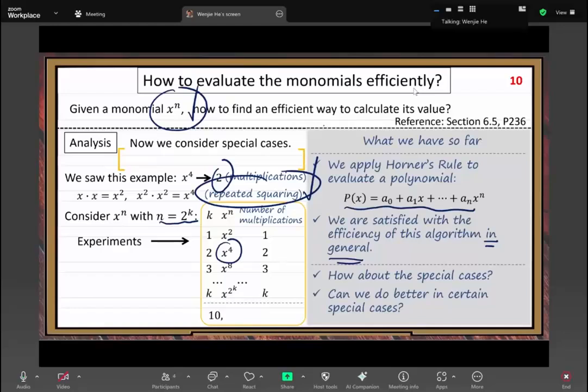When k equals 10, the monomial becomes x to the power of 2 to the 10th. 2 to the 10th equals 1024. So when we calculate x to the 1024, you need 10 multiplications.